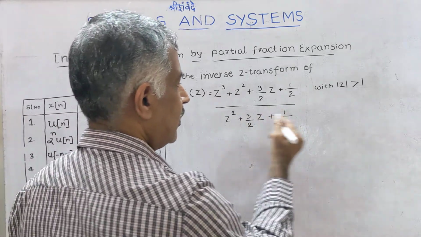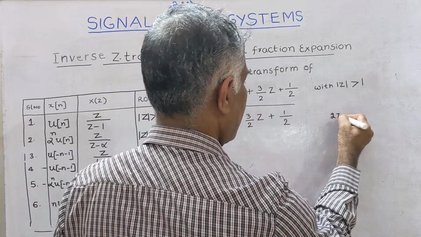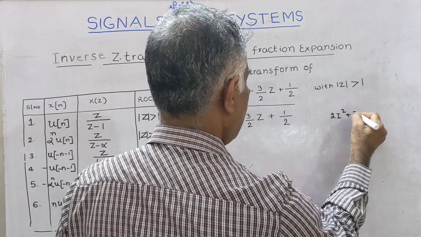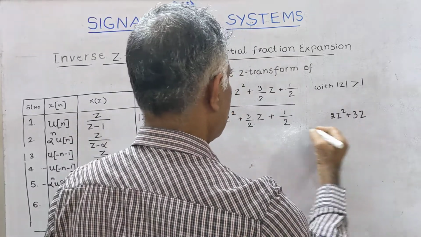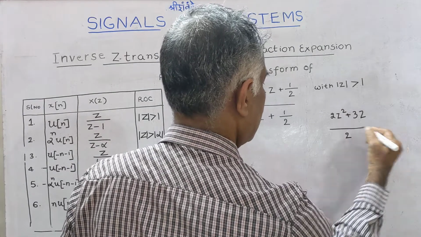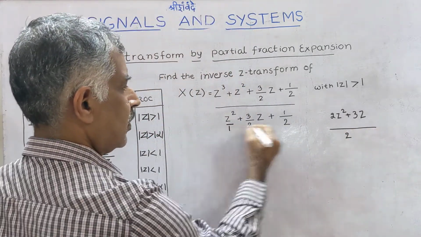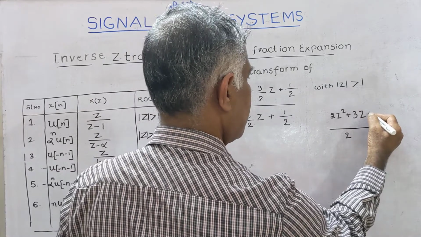factorize this. That is 2z square plus 3z, because you are taking LCM, 2z square plus 3z plus 1.